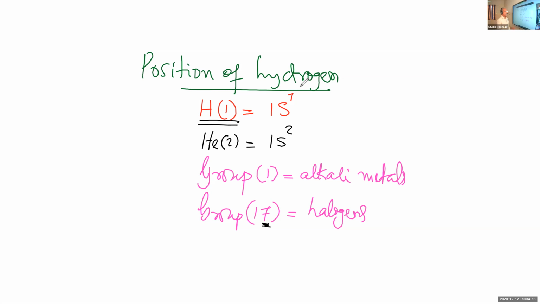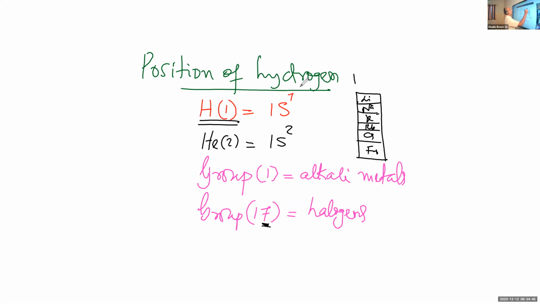And so hydrogen is kept above the alkali metals in the first group, in a separate box. Say we have group 1 alkali metals like this: lithium, sodium, then potassium, rubidium, then cesium and francium.